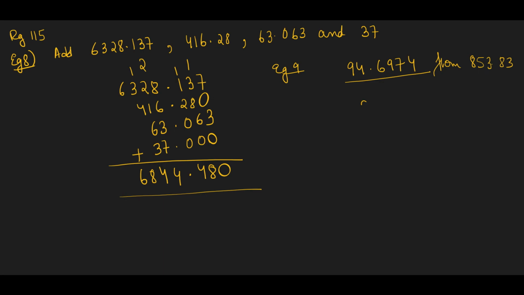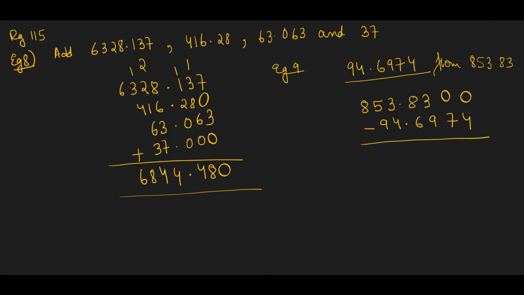So what will we do? We will write 853 above, and below this we will write 94. The decimals are in the vertical line, 6974. There is no number here, so we will put zeros, simple zeros, not a problem, put the minus sign, and we will subtract.